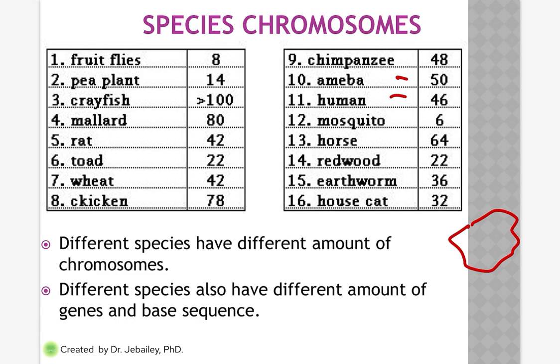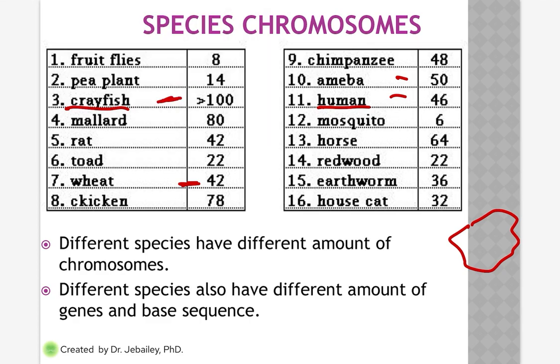You can even see here that wheat is 42. It doesn't mean they actually have the same thing, right? Looking at all of these, you can see the crayfish right here has more than 100, and a crayfish is way smaller than a human. So the number of chromosomes does not tell you the size of the species whatsoever.